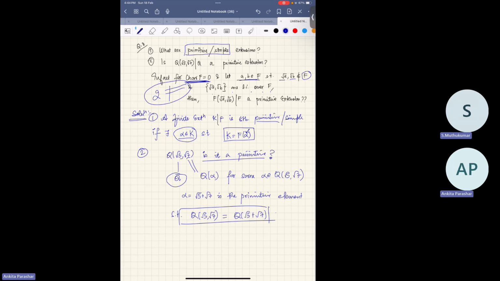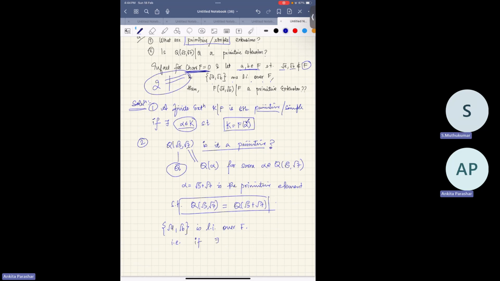So we say root A, root B are linearly independent over F if there exist scalars C1, C2 in F such that C1 root A plus C2 root B is 0 implies the Cis are 0. This is the same concept. Both Cis have to be 0.